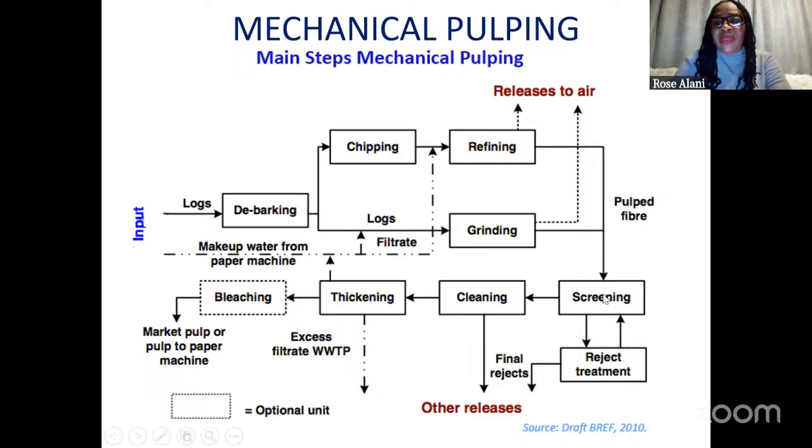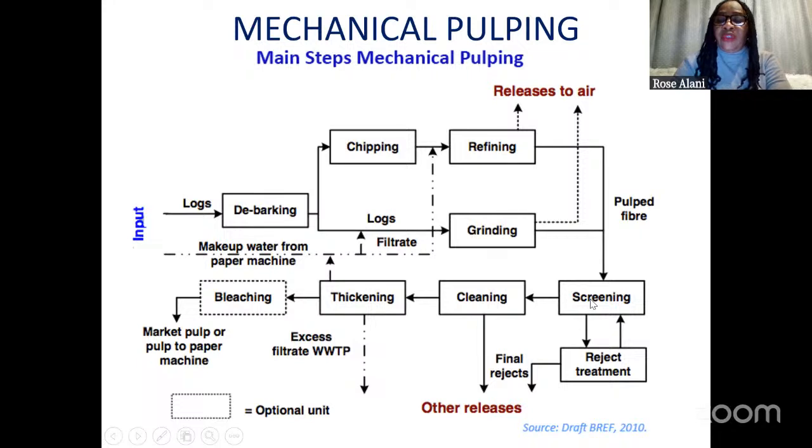You screen them here, and the sheaves or rejects are removed. Of course, the sheaves and rejects can be treated and put back into the process. Whatever you can no longer treat and put back is finally rejected. So you have the final reject.